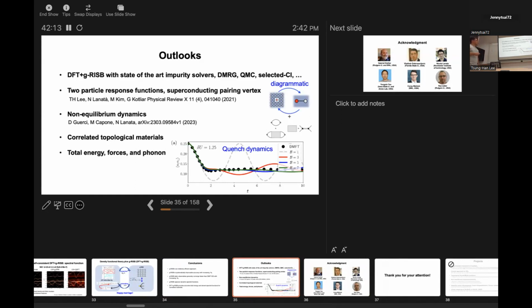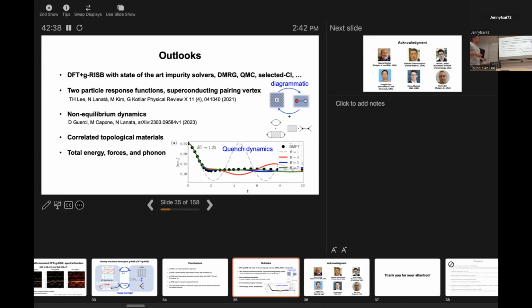And recently, ghost Gutzwiller has also been extended to non-equilibrium systems. And here is the evolution of the double occupancy at half filling of the Hubbard model as a function of time, and the dots are the DMFT results. We have applied a quench in the Coulomb interaction.